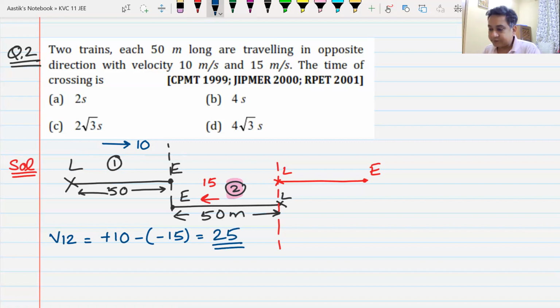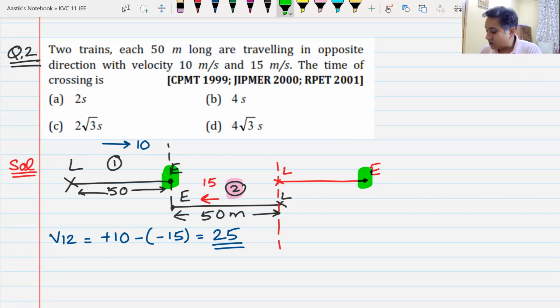Yes or no? Now we look at how much distance. Say there is no acceleration, you just have to find out the displacement of the first train. How can you find out the displacement of the first train? You look at the engine of the first train and you look at the engine of the train when it has crossed the train, and you find out how much is the displacement of this engine. Either you can find out the displacement of this engine or the displacement of the last bogie.